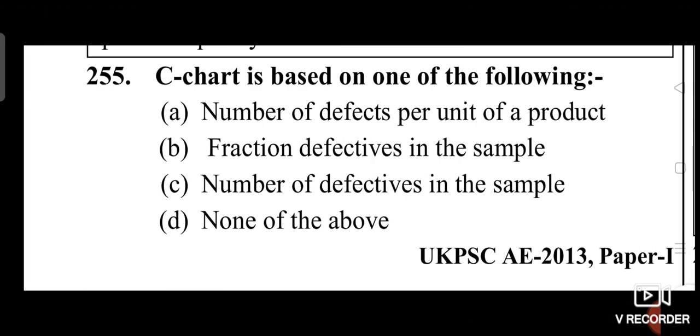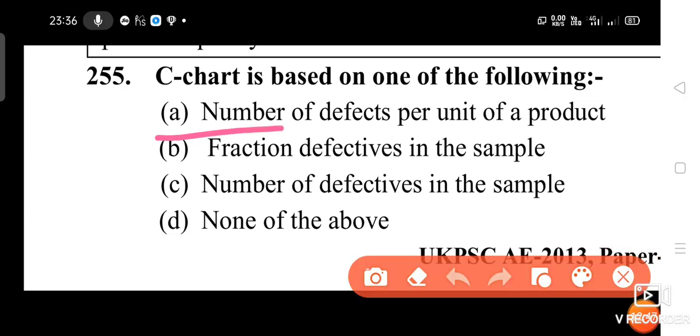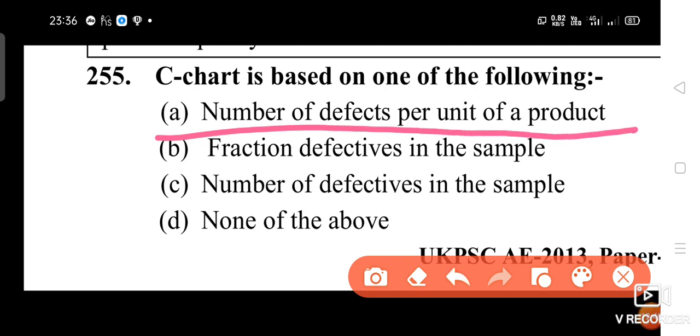Next, C chart is based on one of the following. That is number of defects per unit of the product. A is the right answer. C chart.